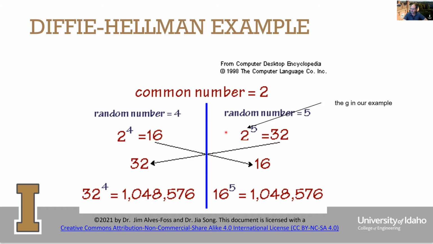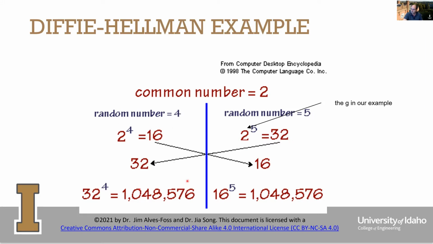Okay, so an example here with small numbers. Let's just look at this. Random number was 4, the common primitive root 2, so 2 to the 4 is 16. Here our random is 5. This is Bob's, this is Alice's. 2 to the 5 is 32.